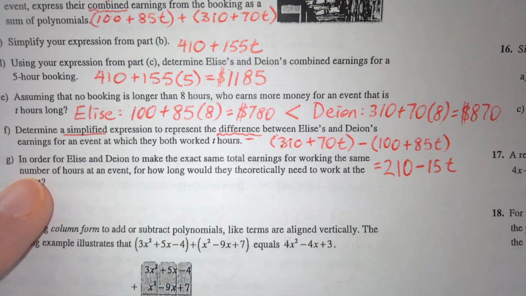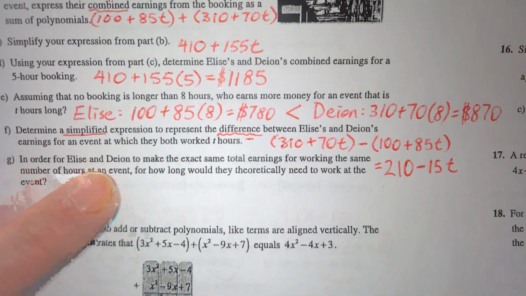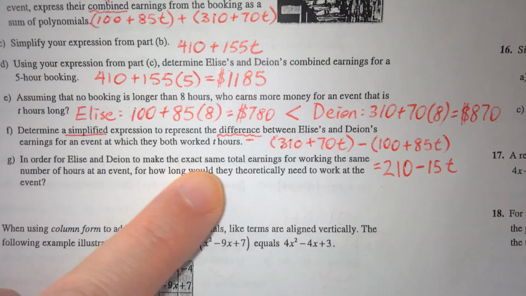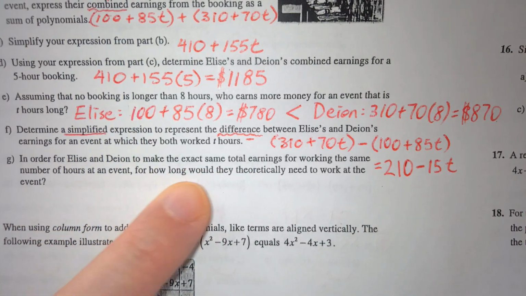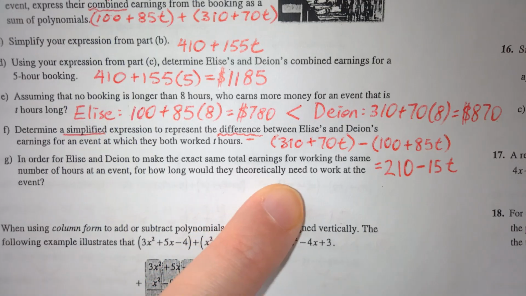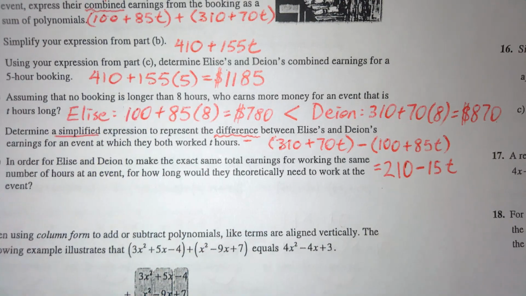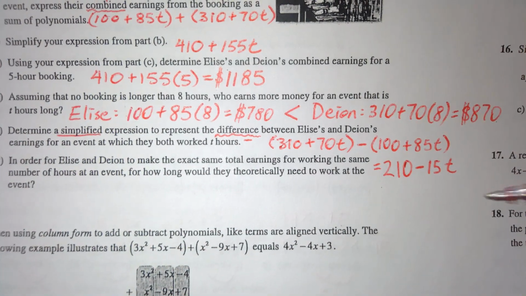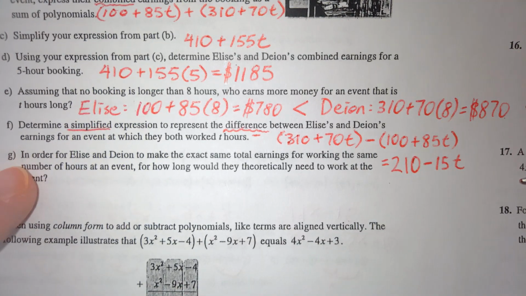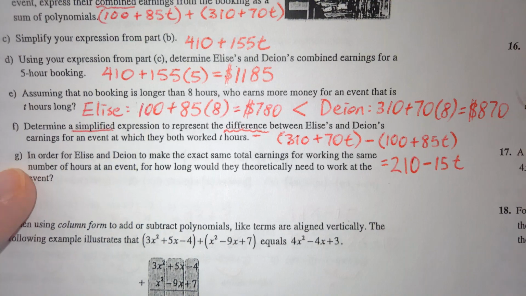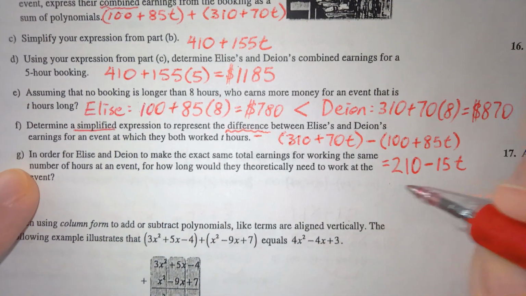And then finally, in order for Elise and Dion to make the exact same total earning for working the same number of hours for the event, for how long would they theoretically need to work at the event? All right, so this you will not see on the test. We will be working on how to solve the equation later on.